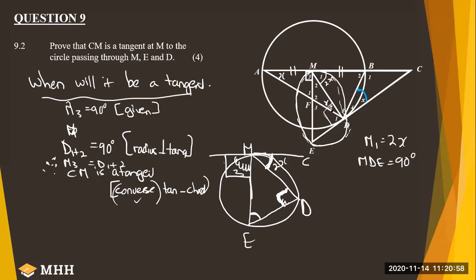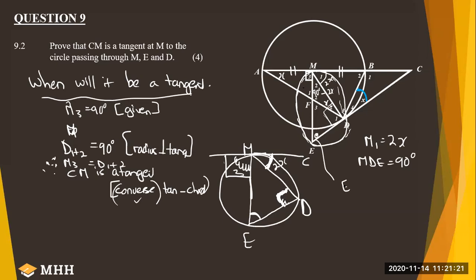Okay, where are we now? So this one is 90 degrees. And then what they did here, they worked out M2 with adjacent angles on a straight line. So this one will work out to be 90 degrees minus 2x. And then to figure out angle E, they worked with interior angles of a triangle.